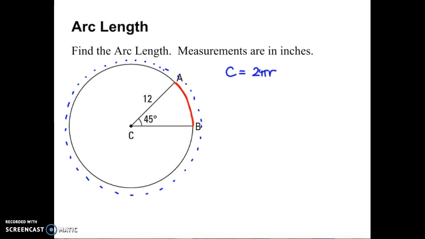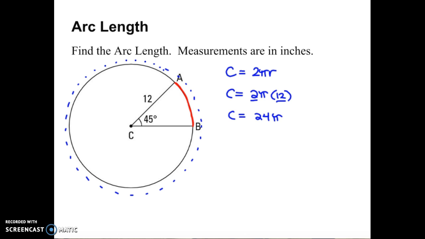Okay, so I'm going to go ahead and find that. So in this problem, I have 2 times pi, and r is your radius, and you can clearly see that your radius is 12. So if I multiply those together, 2 times 12 is 24, so it's 24 pi. Okay, that's the distance all the way around the circle.